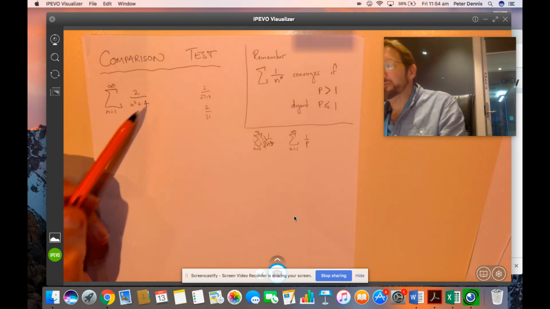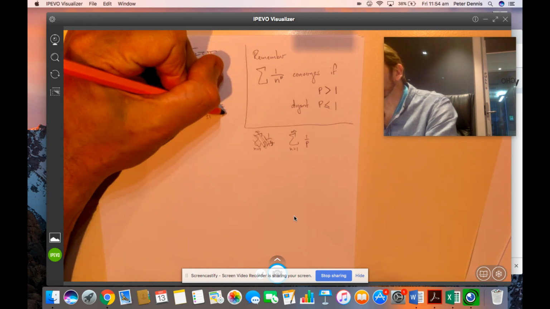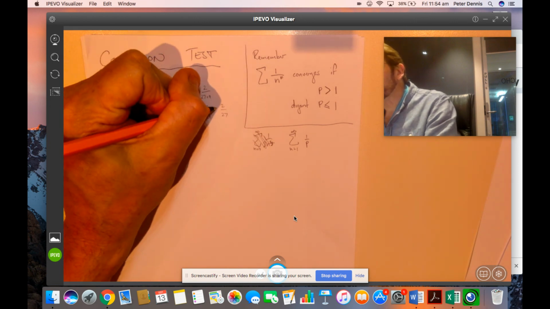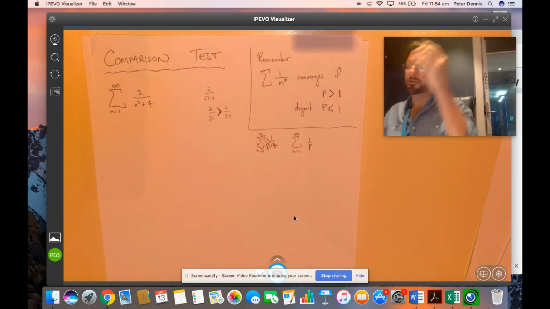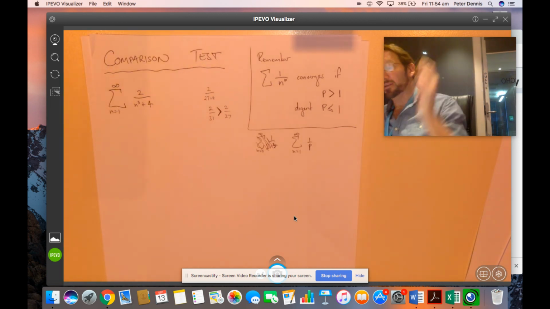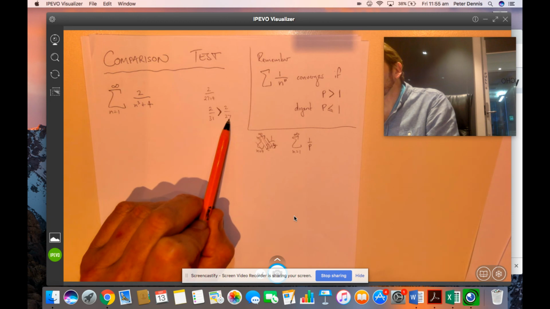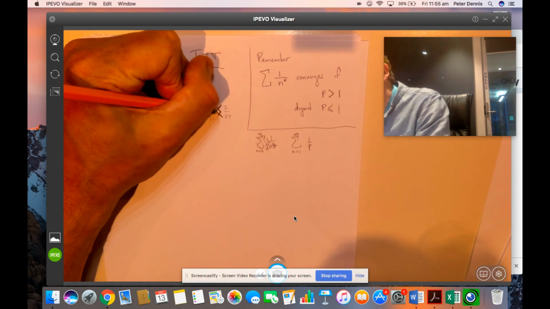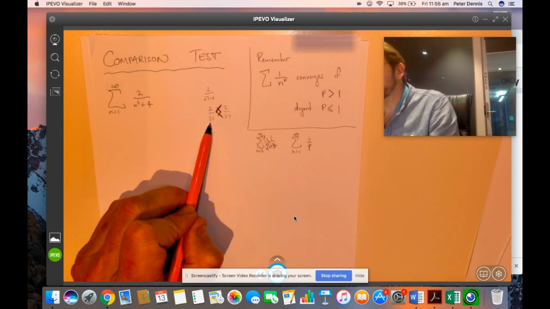Now, I know for a fact that 2 over 27, if I don't worry about the 4, is larger than 2 over 31.